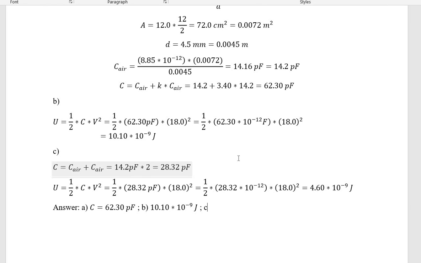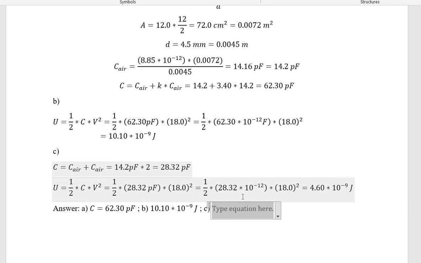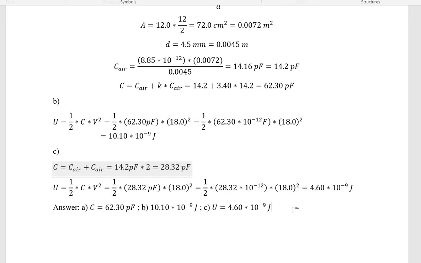And finally, part C gives us the value of energy in the new capacitor without the plexiglass, which equals 4.60 multiplied by 10 to the power of negative 9 joules. So this is the final answer for all three parts of this problem.